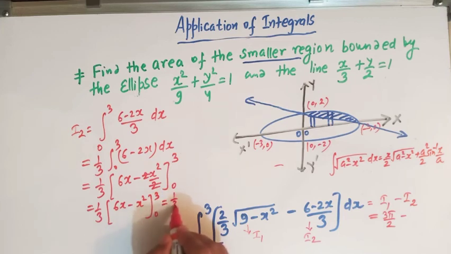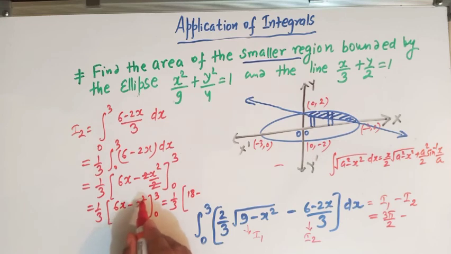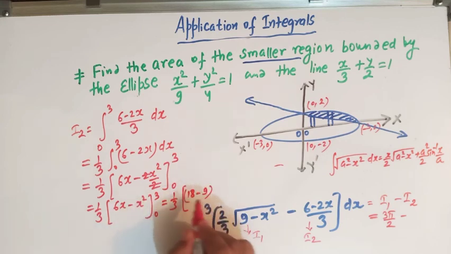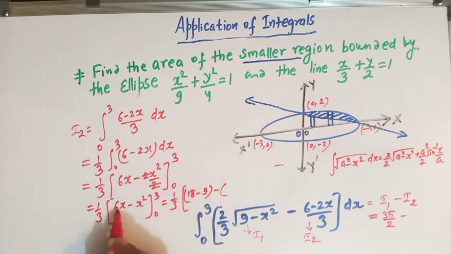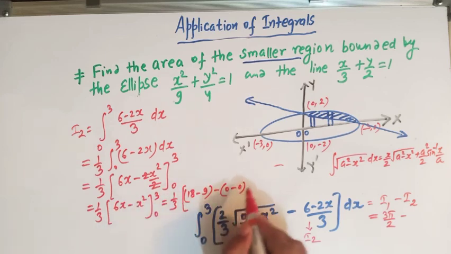Taking x equal to 3, here we substitute, so we have 6 3s are 18 minus 3 square is 9, and then we have minus, here we have 0, 0 square is 0, right?